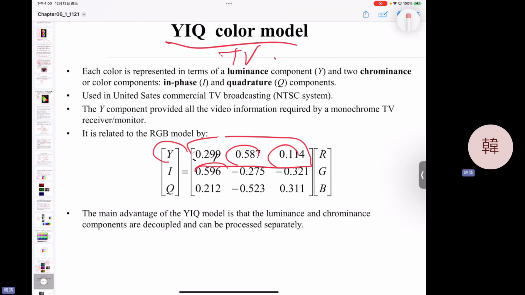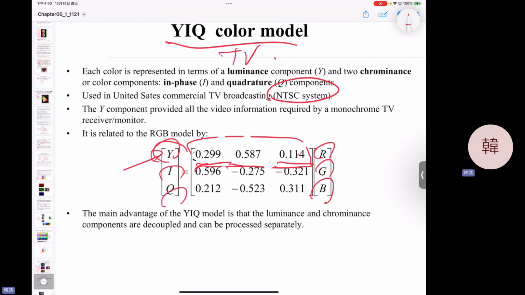It's some specific component, defined by the NTSC standard, the television standards committee. They have very accurate coefficients for transforming the RGB components to Y. So Y is the gray level intensity.